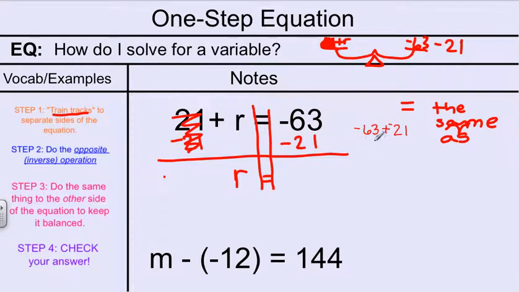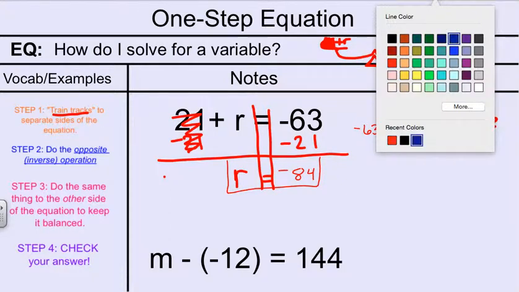Now I notice that I have 63 negatives and 21 negatives. A bunch of negatives plus a bunch of negatives is going to give me a negative answer. 63 and 21 make a total of 84. I'm going to box that answer.